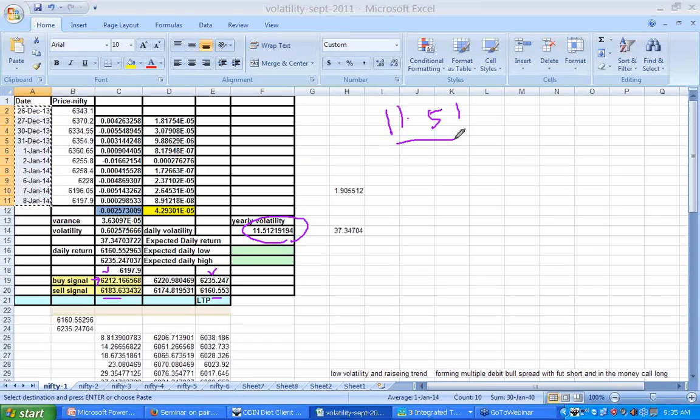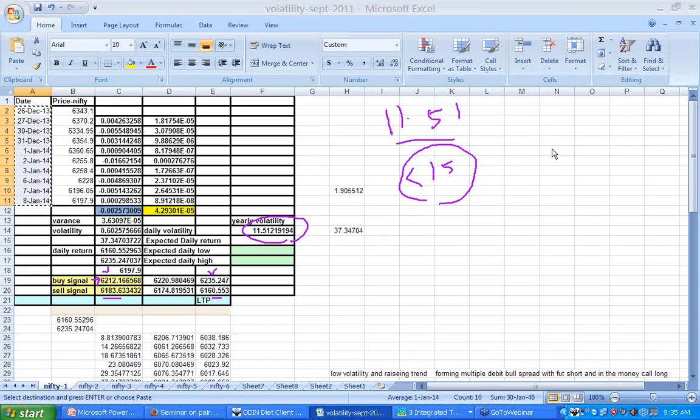So roughly, if it is less than 15%, you can avoid trading in that counter. That may not reward you much, and it may trigger both sides.